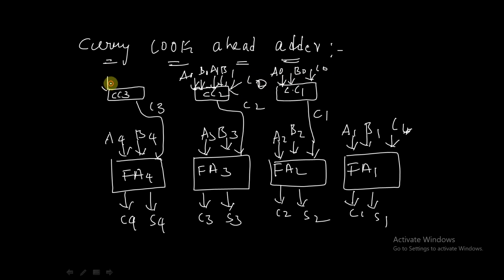And for the third, A0, B0, A1, B1, A2, B2, and one more input, C0. If you observe carefully, for all the combinational circuits, my inputs are the present stage inputs and the previous stage inputs, that is A0, B0, A1, B1, A2, B2.